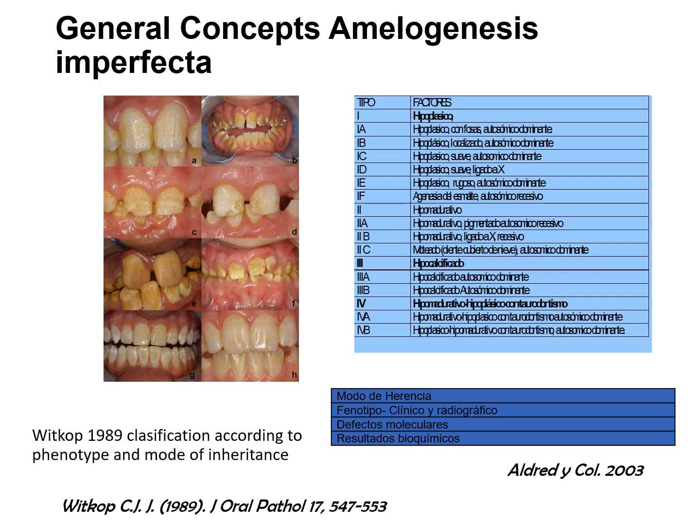The most widely used classification for amelogenesis imperfecta continues to be that of Witkop, where 14 subtypes are determined according to their mode of inheritance: autosomal recessive, autosomal dominant, or linked to sex, and phenotype: hypoplastic, hypocalcified, hypomaturative, and hypomaturative hypoplastic with taurodontism.